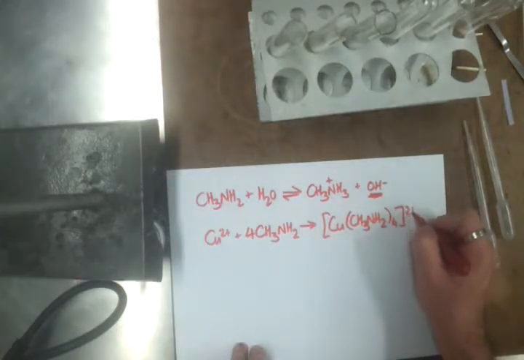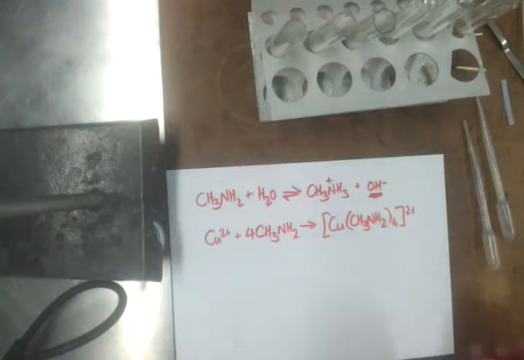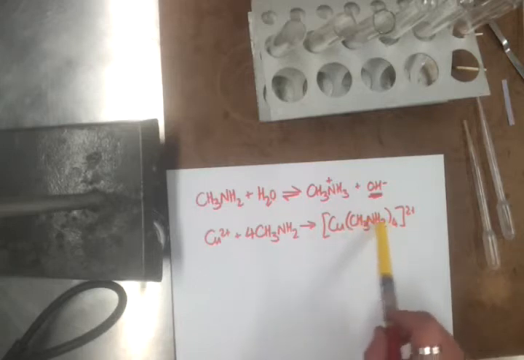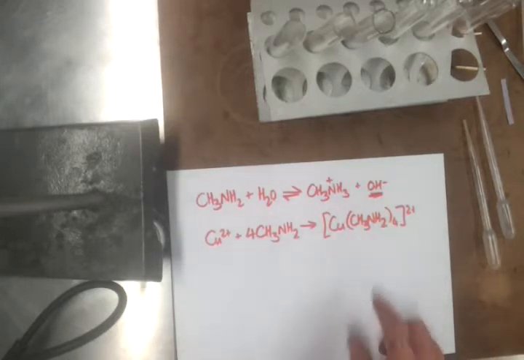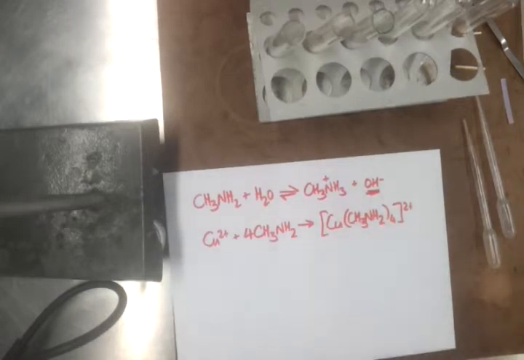It's very similar to the copper tetramine complex that we looked at earlier in the year, where instead you wouldn't have the CH3s in here, this would be NH3 and 4 of them. So it's doing the same sort of thing, but now it's got the CH3 as part of the ligand, which has created the complex ion in there.